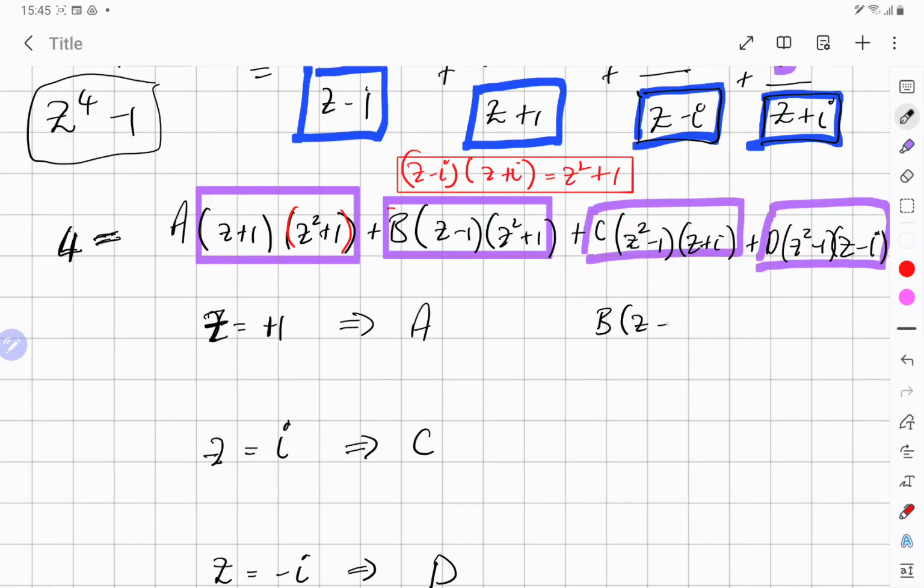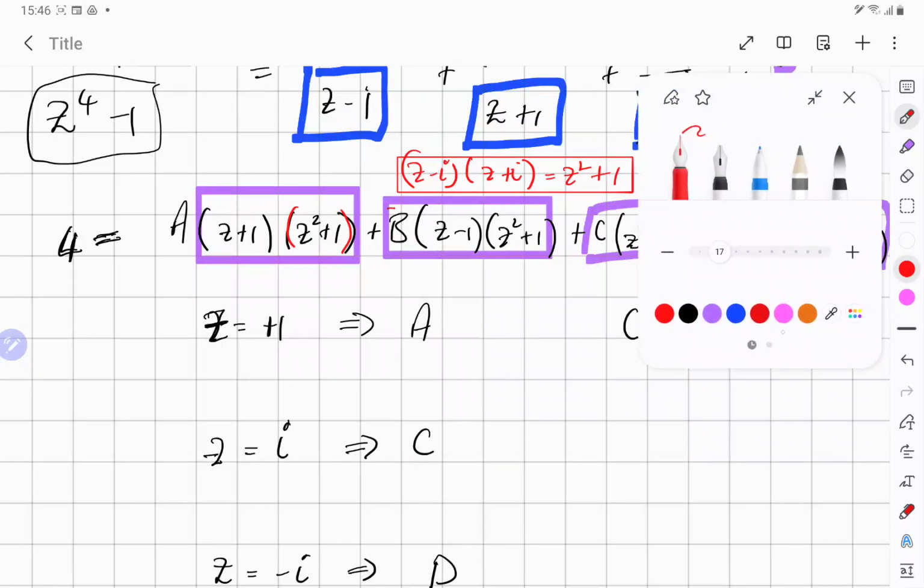Because this factor will disappear. Why? Because 1 minus 1 is 0. So I'm looking for values that will make the other three factors disappear. z squared minus 1, z plus i, z is 1, this factor will disappear.